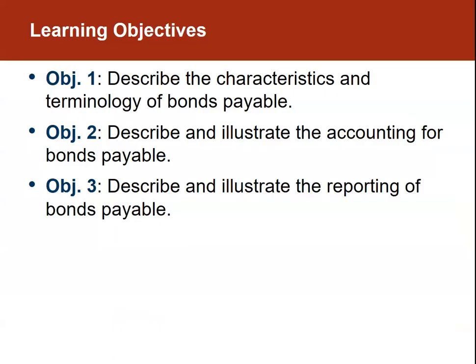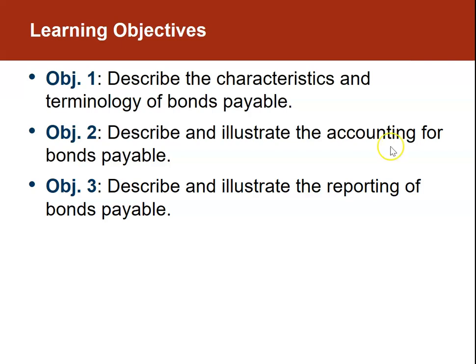So let's see what we have here for learning objectives. We're going to first learn a little bit about characteristics of bonds and terminology that are related to bonds payable. We're also going to talk about how do we account for bonds payable. What we're talking about here is how do we record transactions when a company decides to issue a bond.